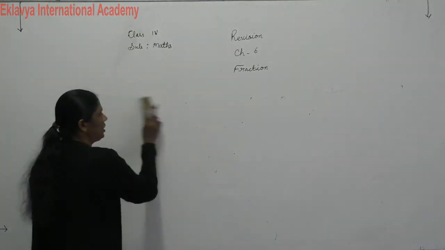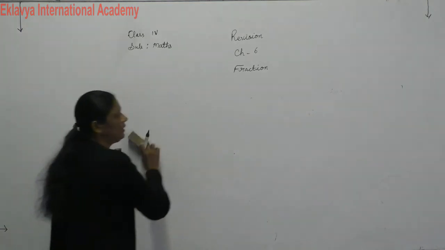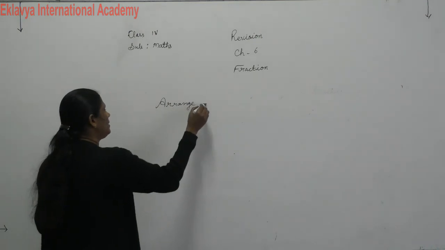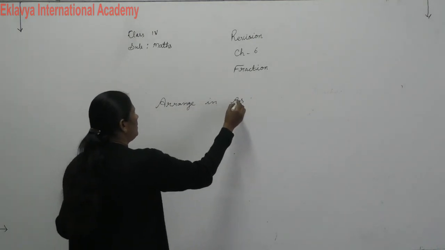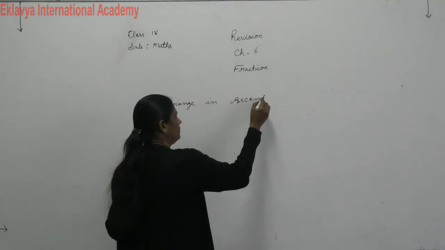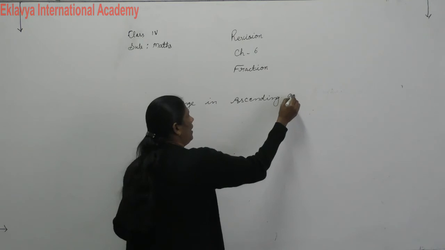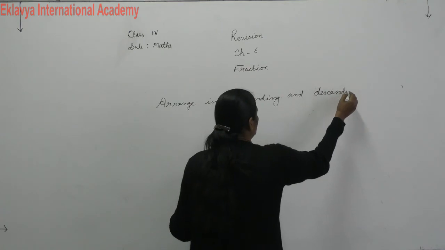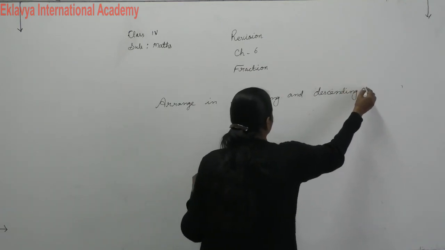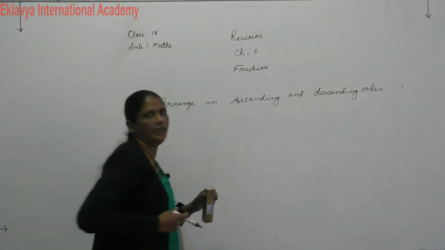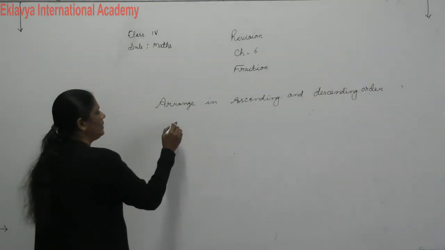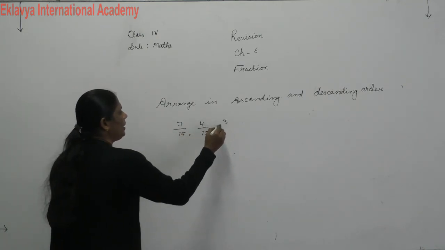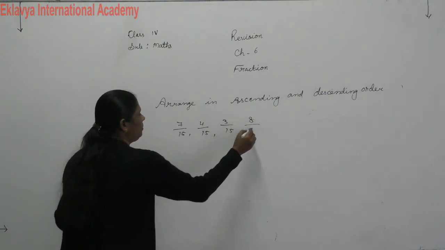Next, arrange in ascending and descending order: 7 by 15, 4 by 15, 3 by 15 and 8 by 15.